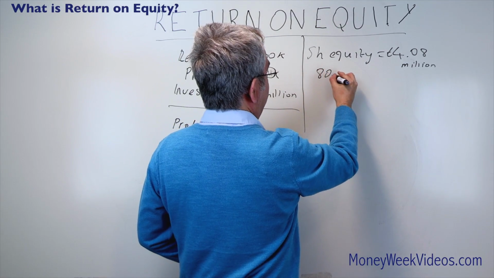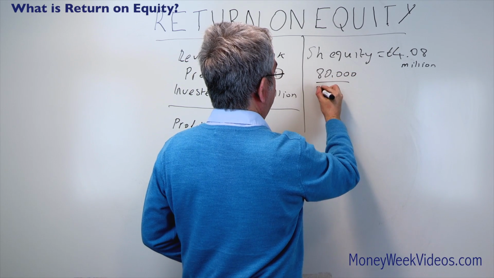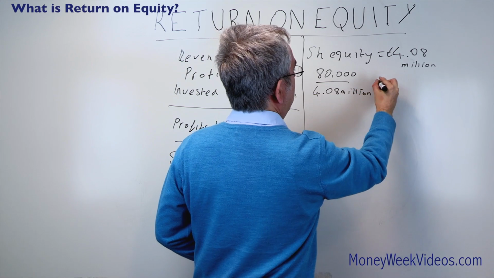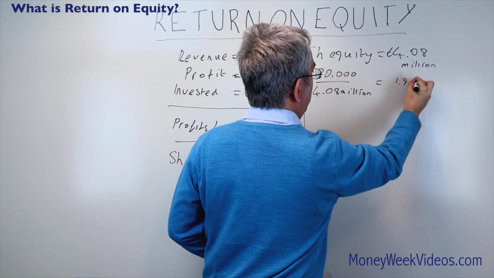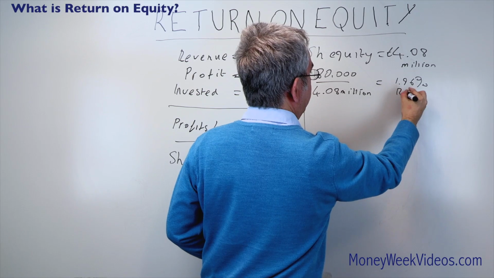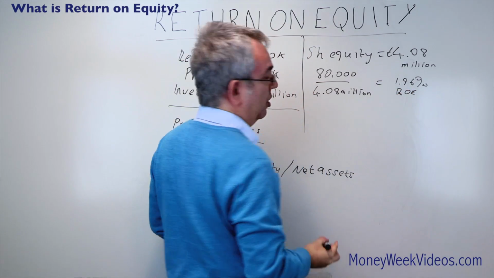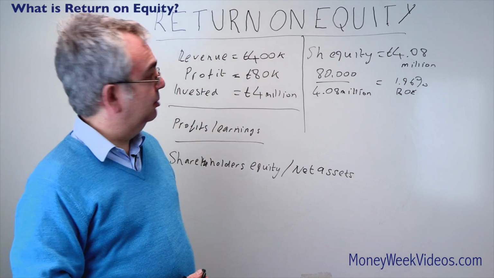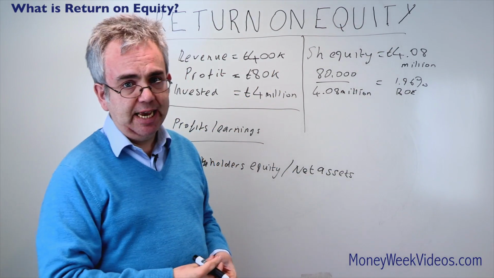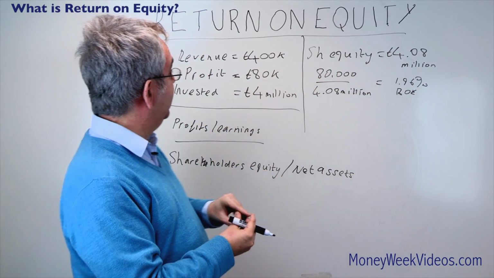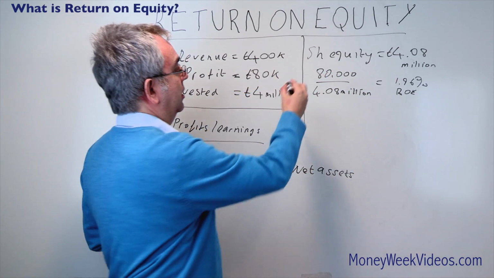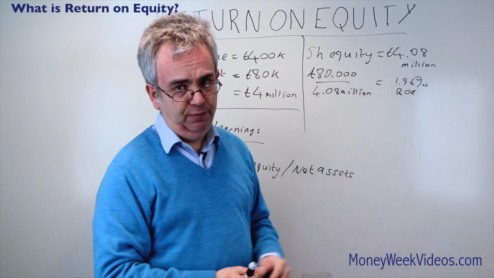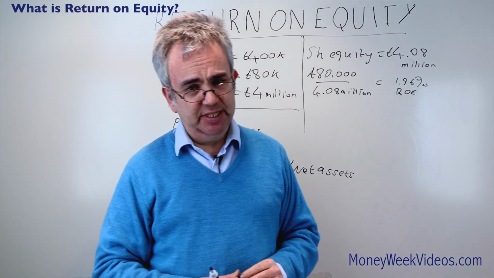We then divide 80,000 by 4.08 million, and we get a 1.96% return on equity. So things have gotten even worse. I've reinvested the profits, which means a higher shareholders' equity, but because profits here haven't risen, my actual return on equity has fallen even further to 1.96%.